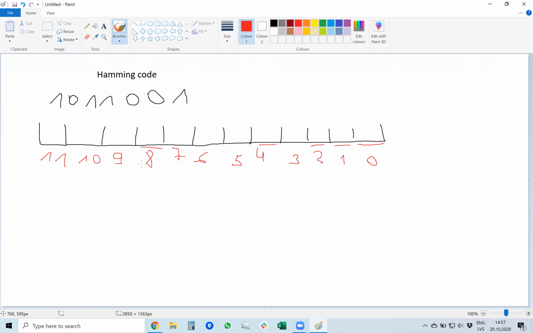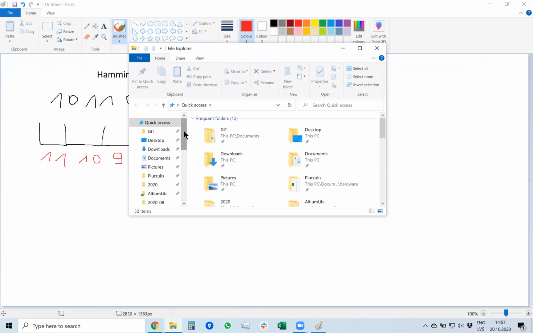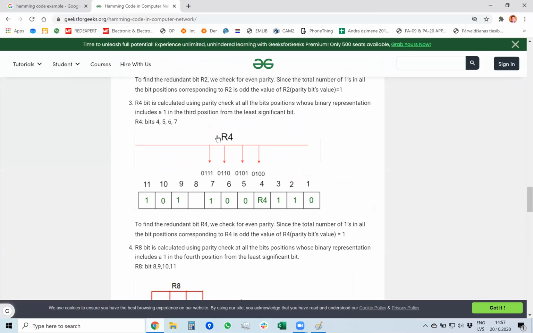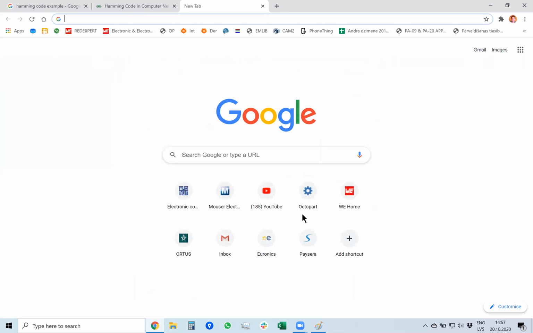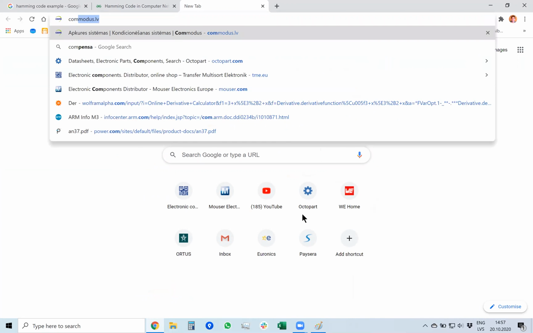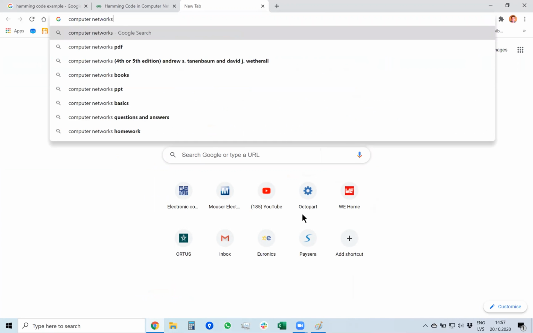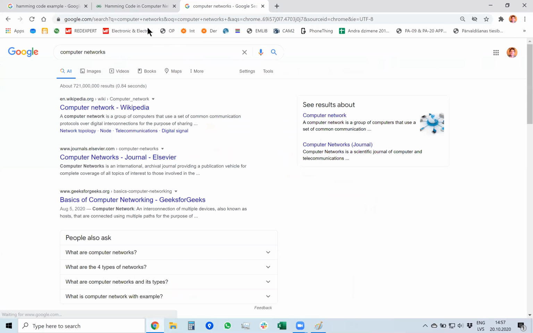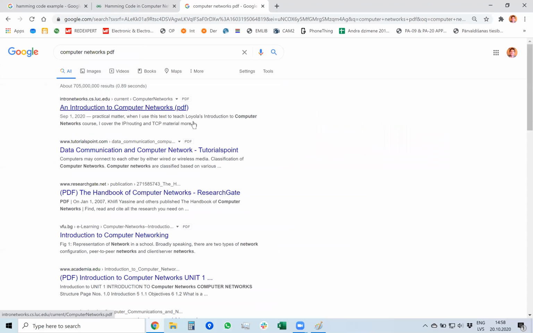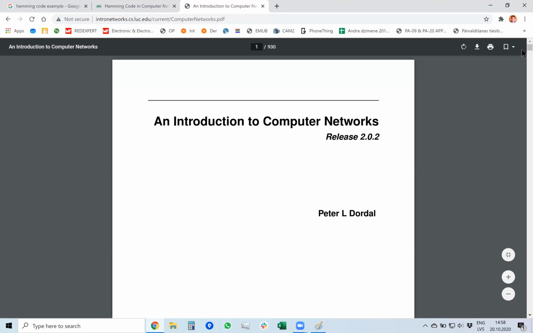Or maybe I'll just open the book. Also, I think I put in Artus a link to a book, which is really good about computer networks, and it also describes these algorithms. It is called Computer Networks. Let's write PDF. Oh, it's right here.